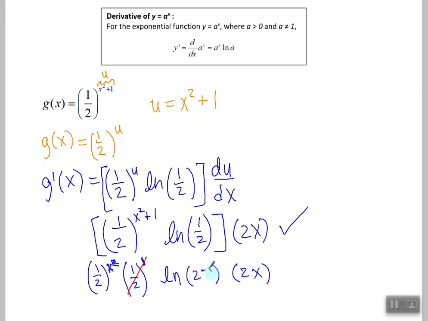Because 1/2 times 2 is 1, so that cleans that up a bit. And then I can move this negative 1 as a coefficient. So while that is an acceptable answer, I can also have negative natural log of 2, and then I've got an x and a 1/2 to the x squared. Also a very good answer.